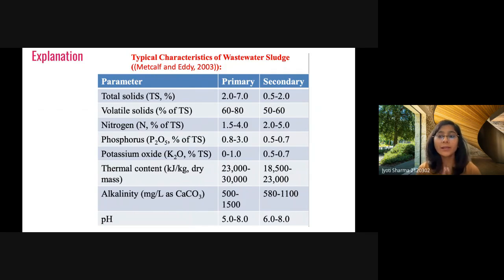But why is the nitrogen more in secondary as compared to primary? Can anybody give me an answer or some guess about this? Why more nitrogen in secondary sludge as compared to primary sludge, when most of the things are more in primary sludge as compared to secondary?